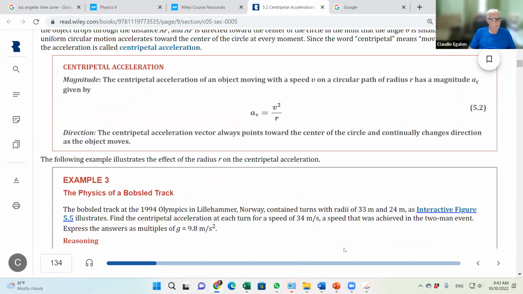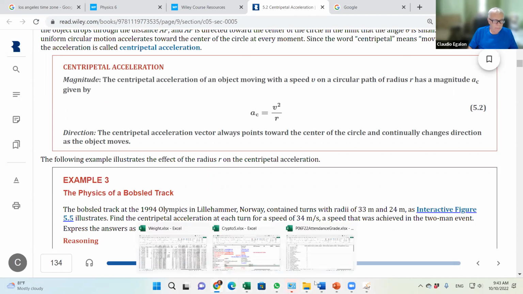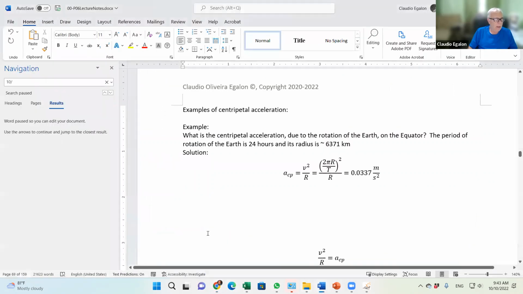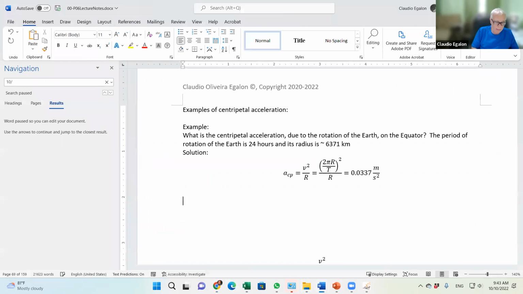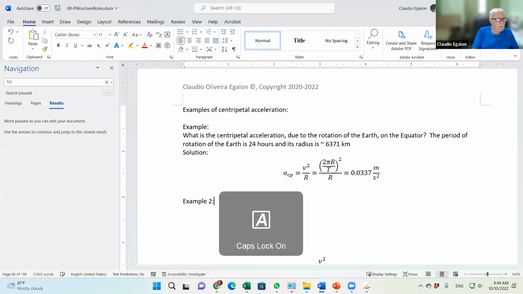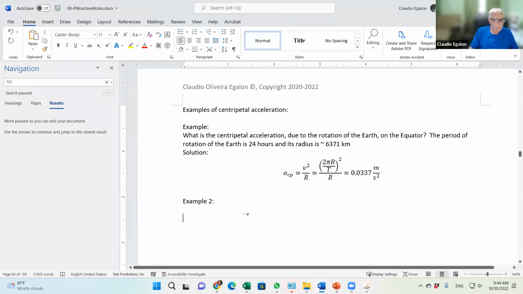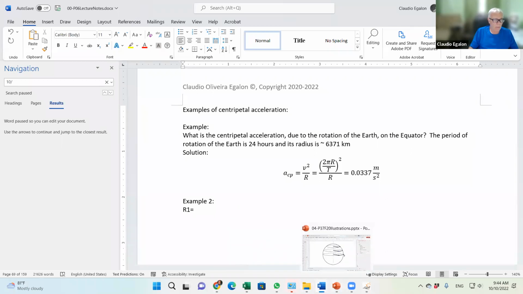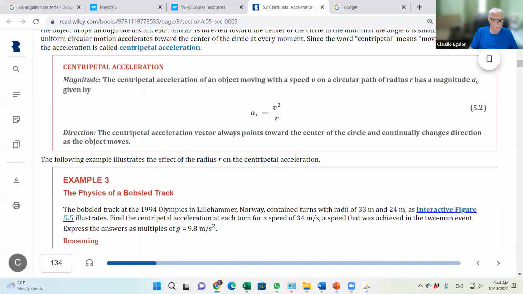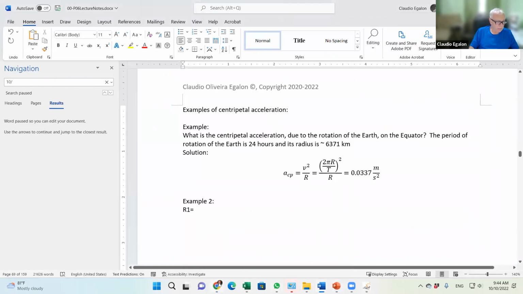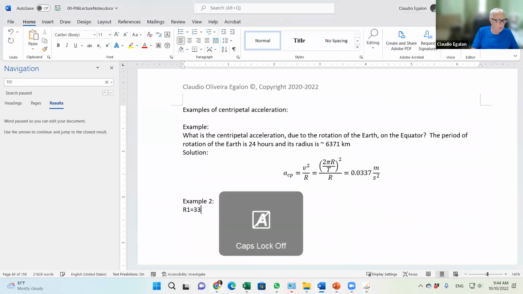So let's transport this to another example, example 2. We have two radii, right? One radius of 33 meters. Another radius.